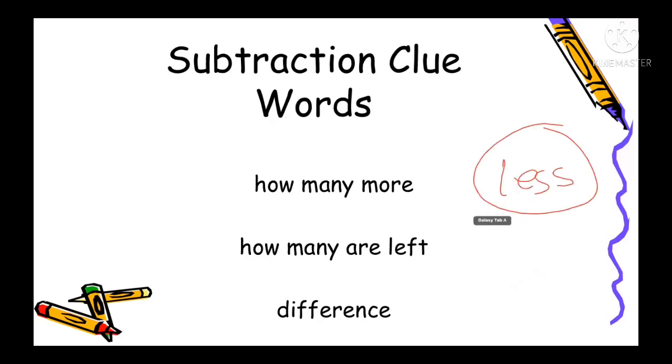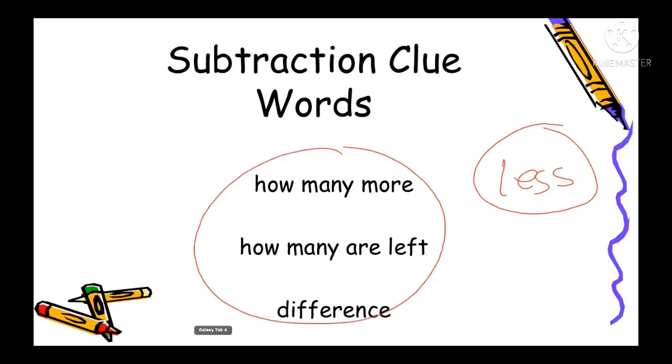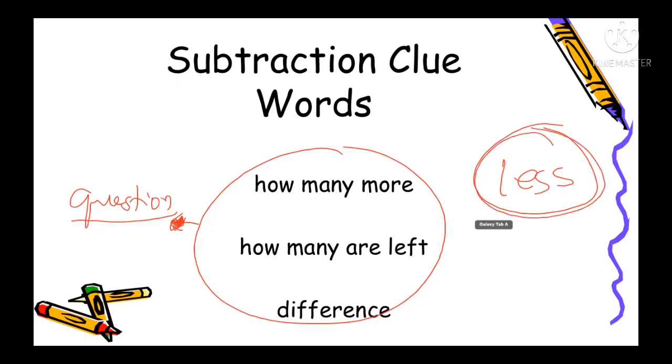Okay, again, these three words or phrases, or one of this clue, is part of the question itself. But for the word less, this is not part of the question. This one is maybe at the middle of the word problem or other part of the word problem.